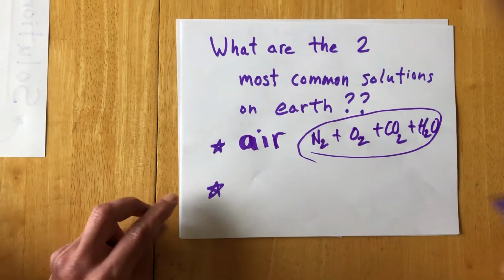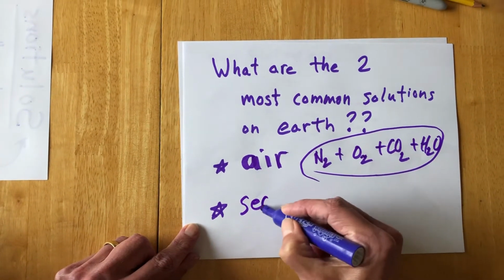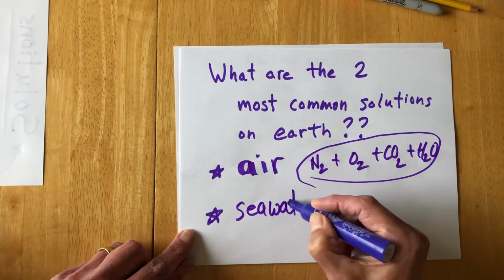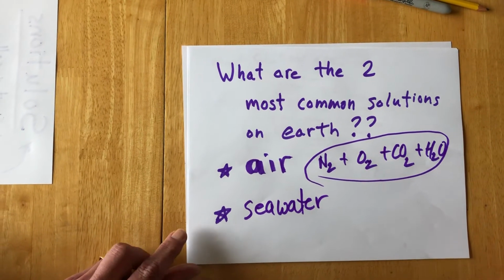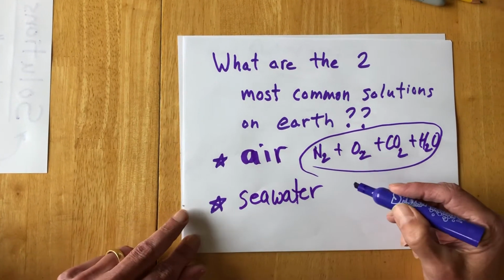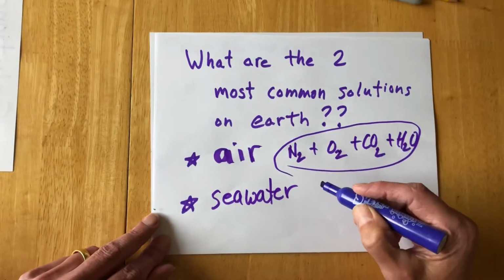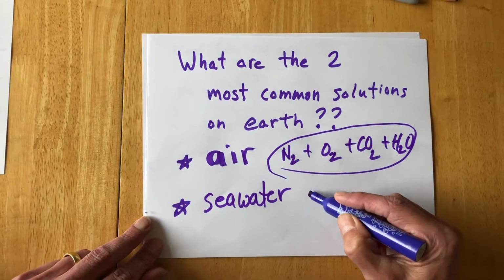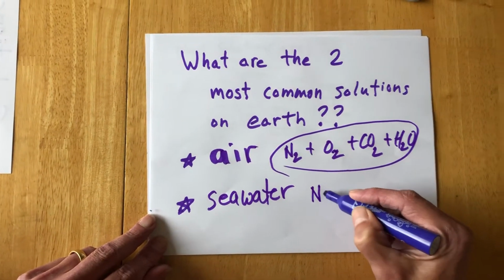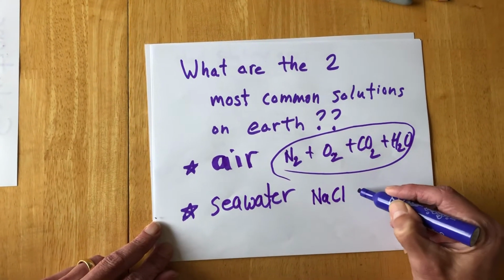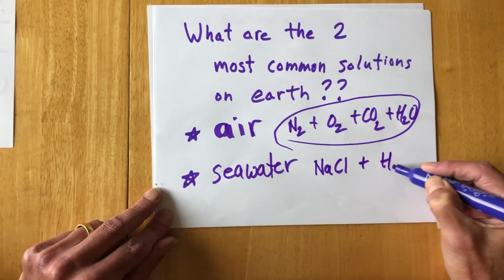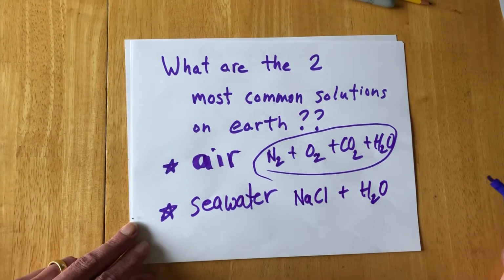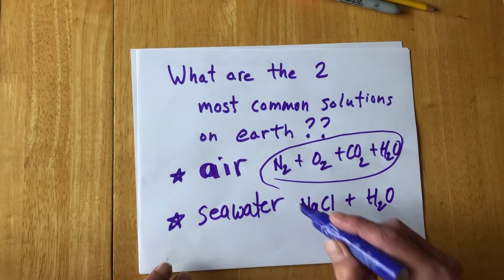The other one is seawater. We've talked about that lots of times during the year. Seawater is basically an even mixture of mostly sodium chloride and water. There are a lot of other things besides sodium chloride, but basically that would be it.